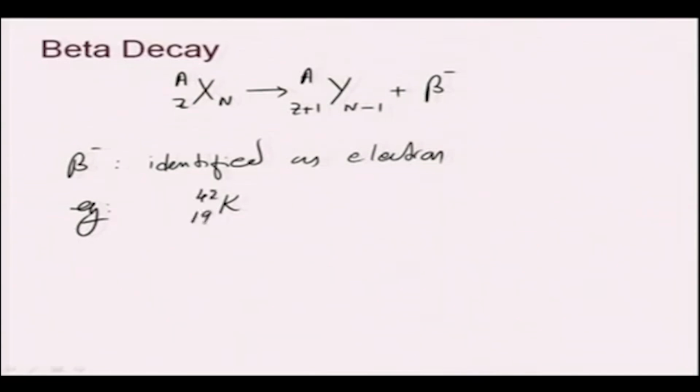Potassium has 19 protons, and in this particular isotope of potassium 23 neutrons in it, and it converts itself into calcium with 20 protons and 22 neutrons, the atomic mass remaining the same, along with emission of an electron.